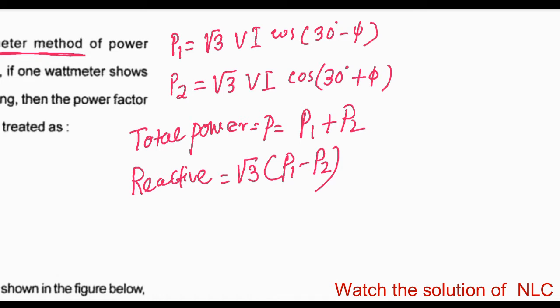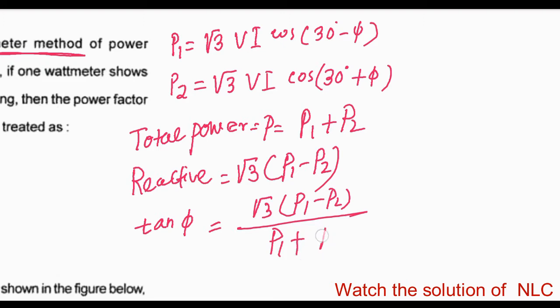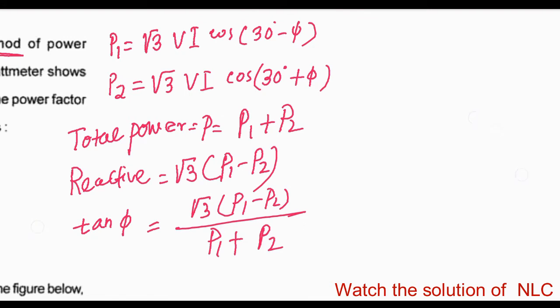So in this we are getting the reactive power, that is VI sin phi, and real power, that is VI cos phi. So what will be the tan phi? Tan phi will be reactive power by real power. So tan phi will be root 3 (P1 minus P2) by (P1 plus P2), and from this reading we can calculate phi.